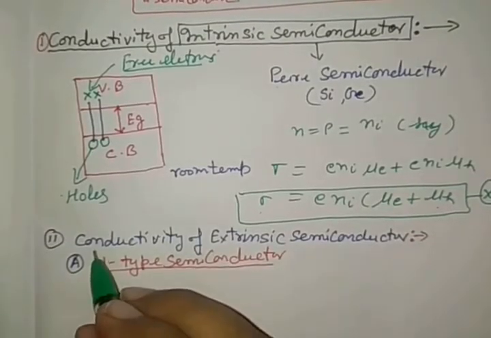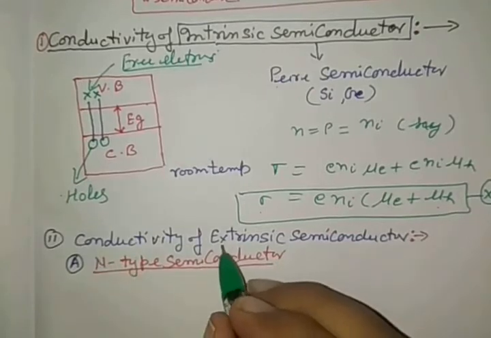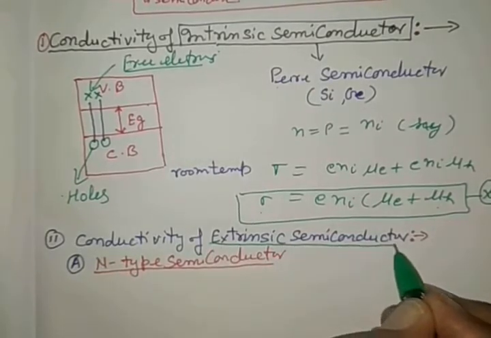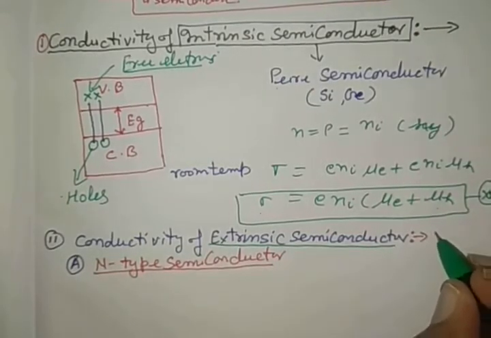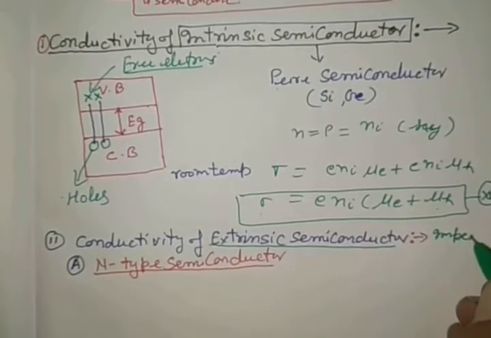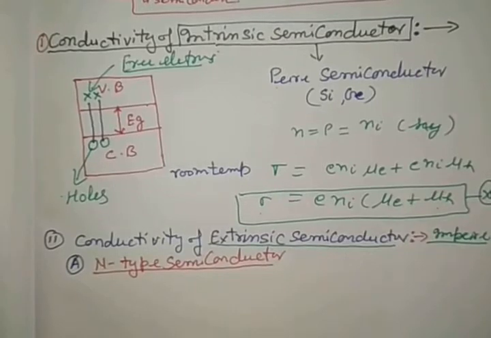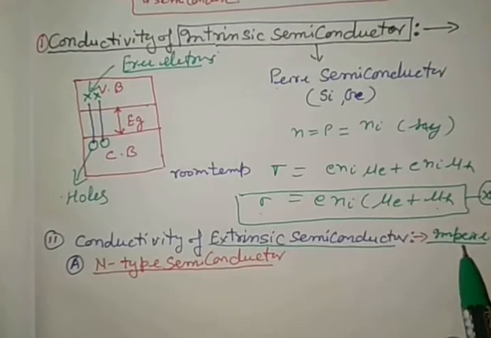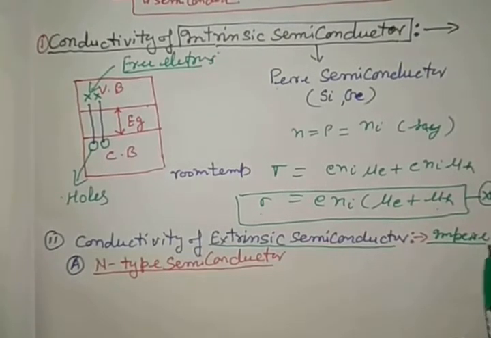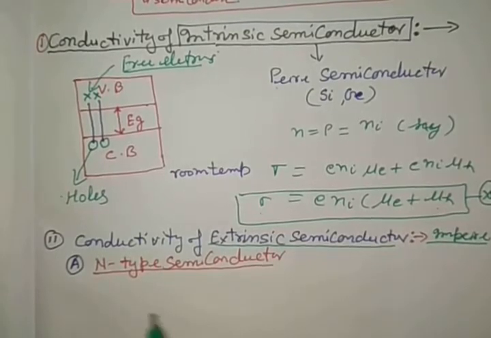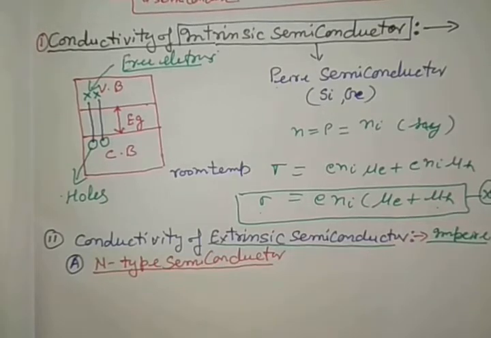Now we are going to see the conductivity of an extrinsic semiconductor. An extrinsic semiconductor is also called an impure semiconductor, in which doping, that is mixing, is done with trivalent or pentavalent atoms in tetravalent germanium and silicon. So two types of extrinsic semiconductor are there.